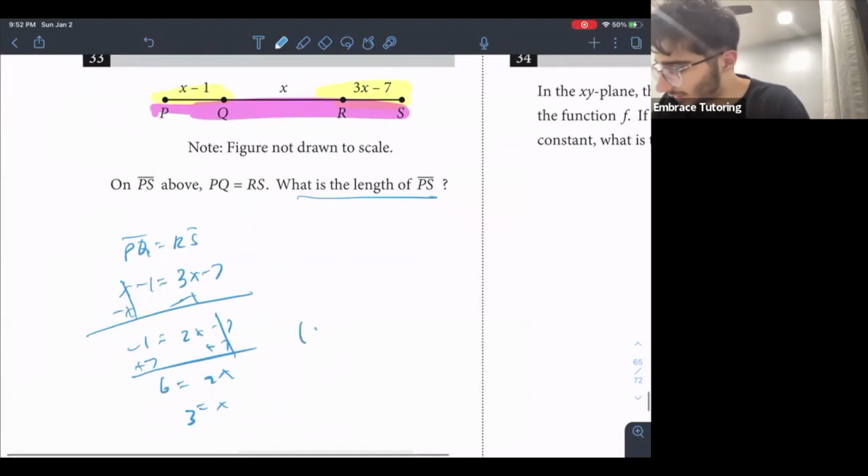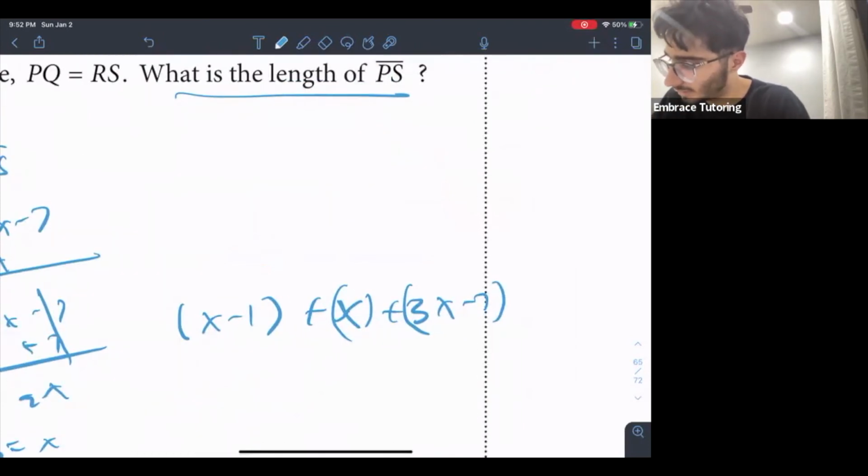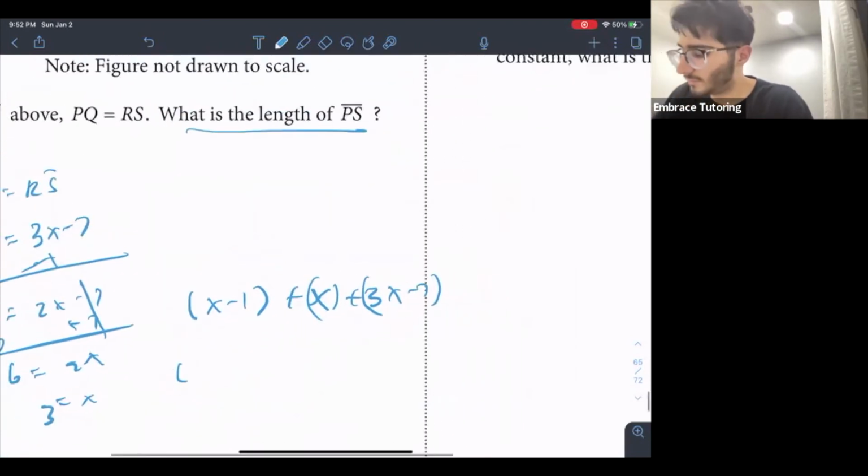And now you can do X minus 1 plus X, and then plus 3X minus 7. You plug in 3 wherever each X is. Or you can combine it, that's another way you could do it. You get 2X plus the 3X here, you get 5X.